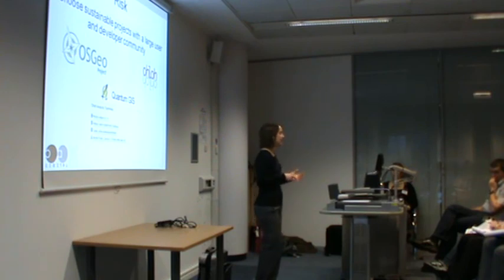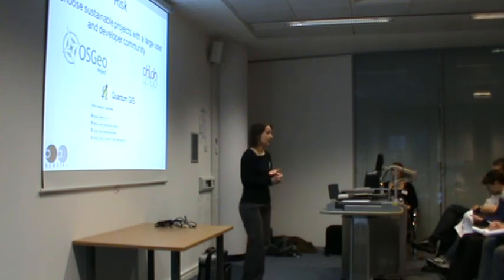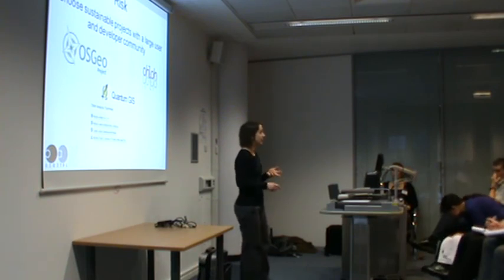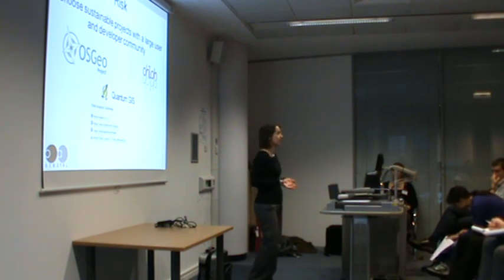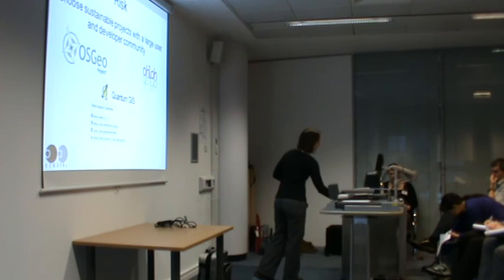So basically, by looking at OSGeo incubated projects, by looking at OHLOH, you can make an informed decision about the software. So you can minimise your risk by choosing projects that are totally sustainable.